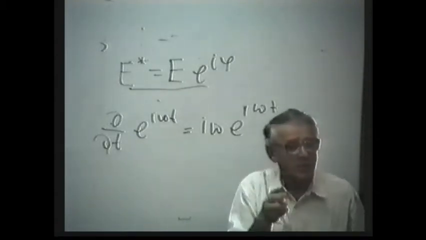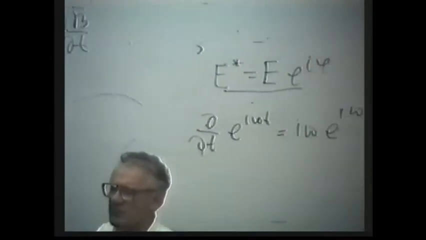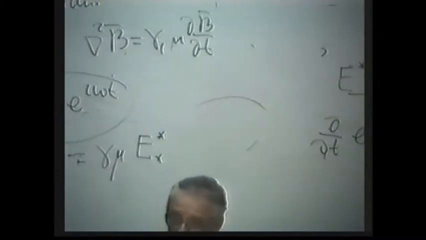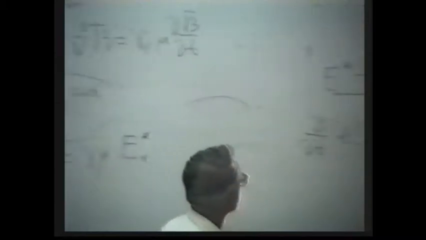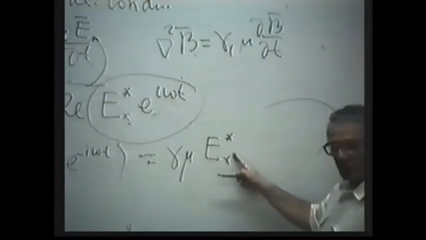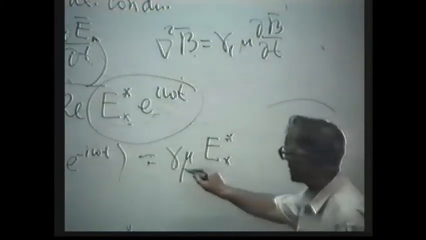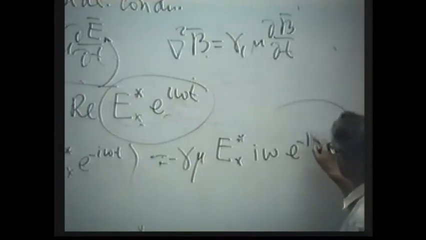That's it. It looks like simple things, but it's the basis of a drastic simplification in the theory of electromagnetic methods and many others. So let us look what happens here. E star, we don't need to take a derivative, it does not depend on time. Then i omega e to the i omega t.